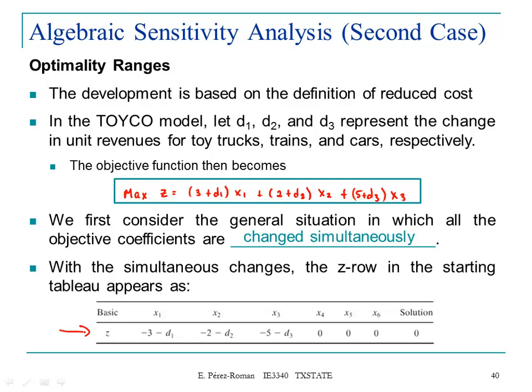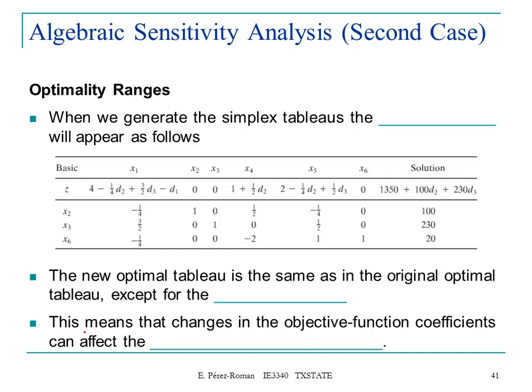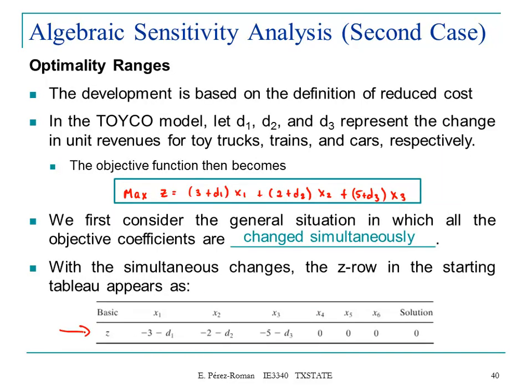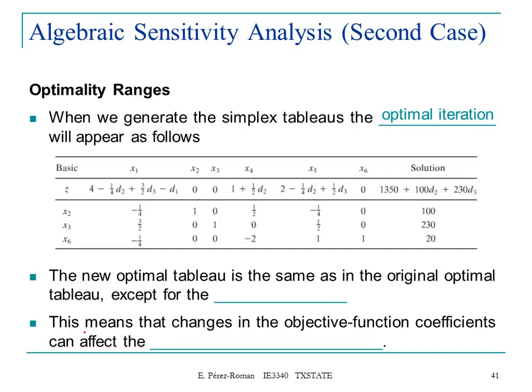Okay, so we're going to put that new zero row into the initial tableau, and we're going to find the solution using the simplex method, but having this as your initial row. When we generate the simplex tableau, the optimal iteration will appear as follows.